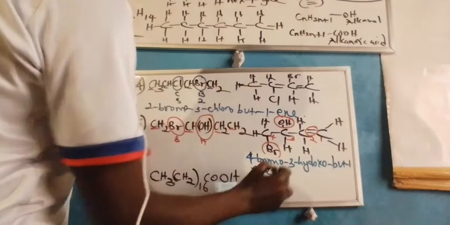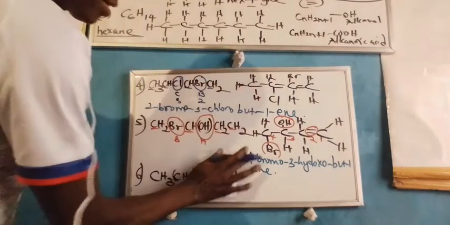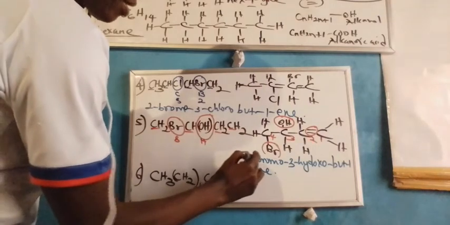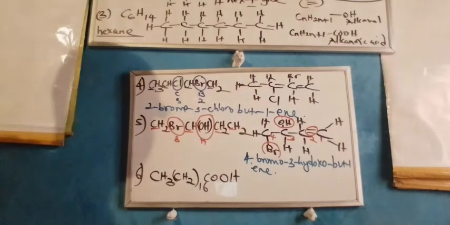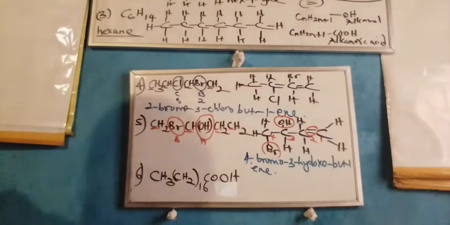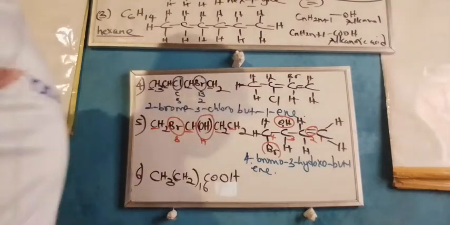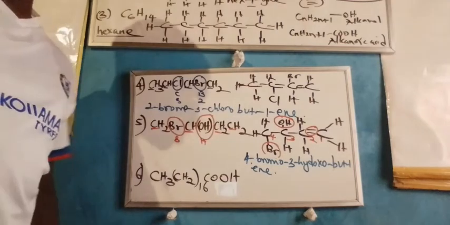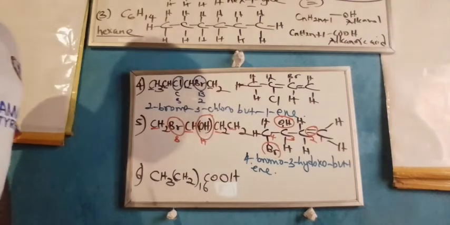So we can comprehensively say that this molecule is 4-bromo-3-hydroxybut-1-ene. However, we could also be allowed to take hydroxyl as the primary organic family, depending on its derivative point.